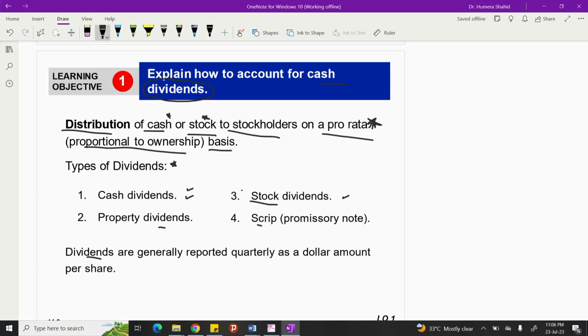And usually cash dividends are reported on a quarterly basis, and they are expressed in dollar amount per share. Like, let's suppose $0.5 per share cash dividend is declared, or $1 per share cash dividend is declared. So it's basically in dollar value, and it is denoted per share.